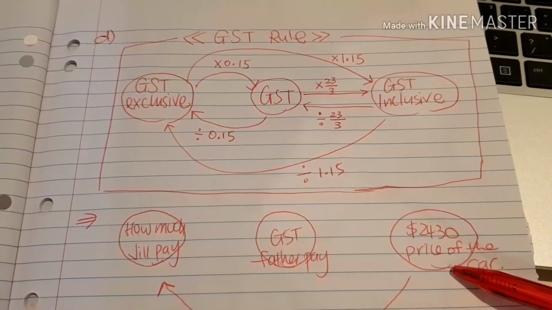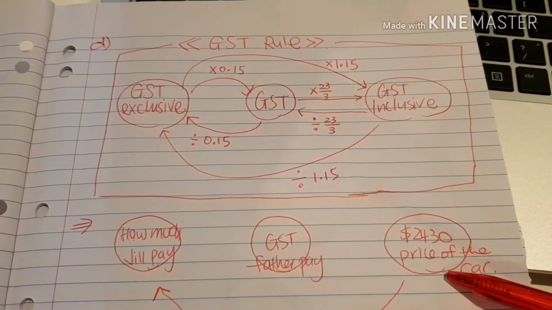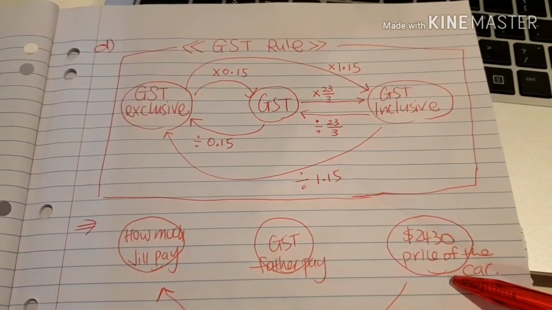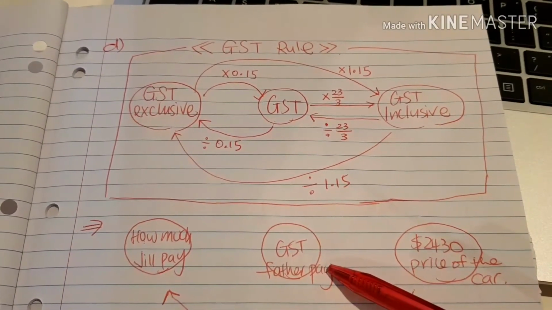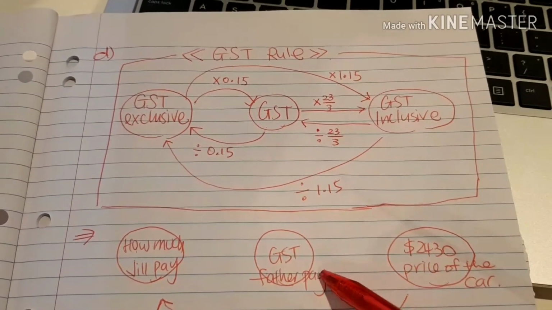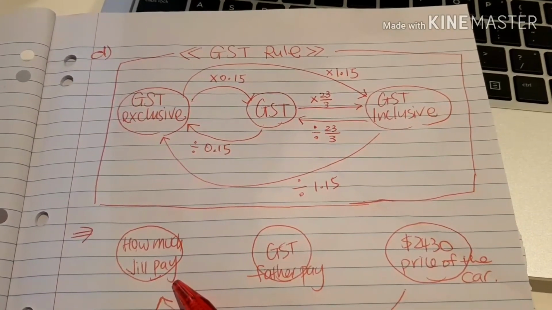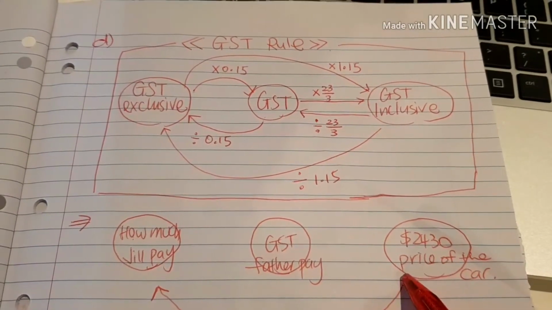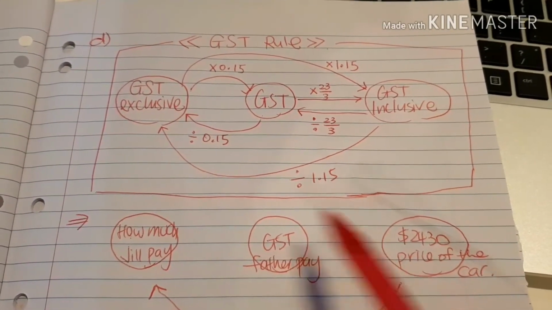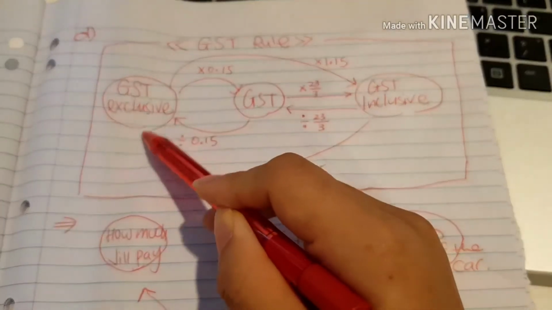Okay, so $2,430 was the price for the car, which is including GST, obviously. His father is paying GST, and Jill only has to pay the GST exclusive price. So the price here at the moment, we need to calculate this value from inclusive to exclusive.